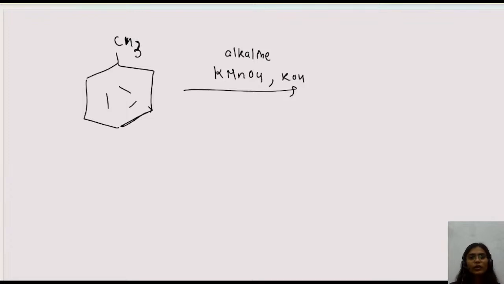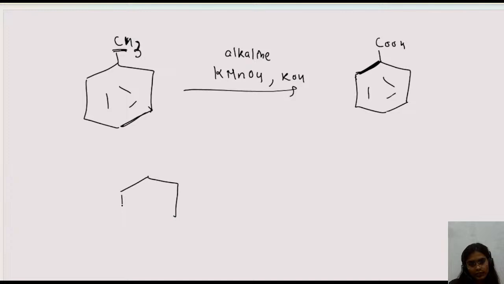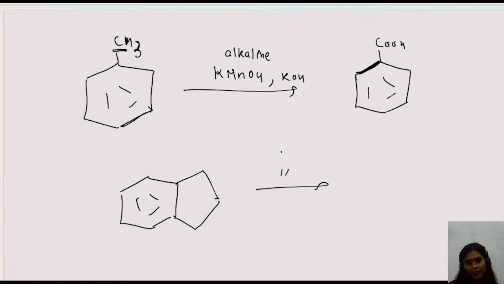So the point is that whatever the carbon number here, at the end we simply get the COOH group there. This is the rule. For example, suppose I have a benzene with a side chain, and I add the same reagent, alkaline KMnO4 in the basic medium.